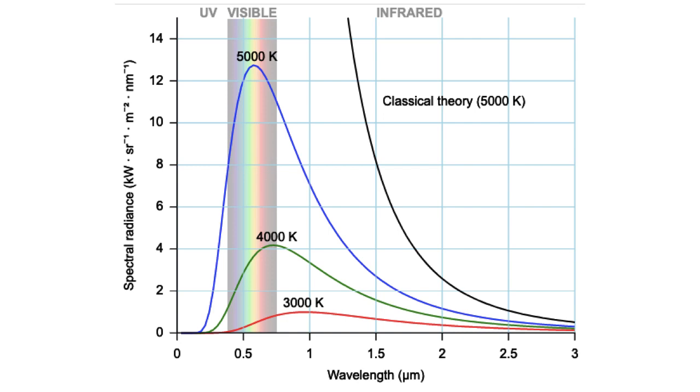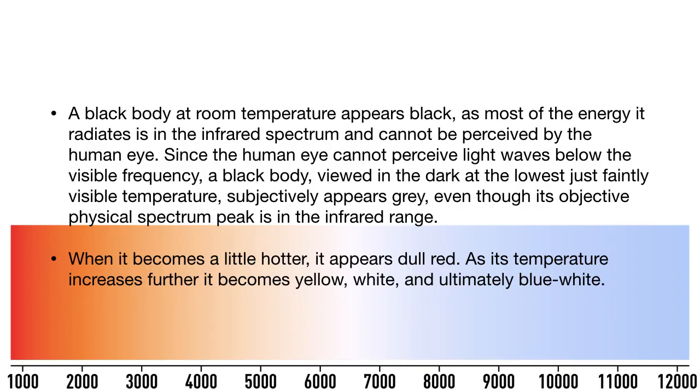At around 300 degrees Kelvin, it will be reddish. As the temperature rises, it will become white hot and eventually even blue. Our sun is at around 5,000 degrees Kelvin. This is the 5,000 degree curve looked at here.